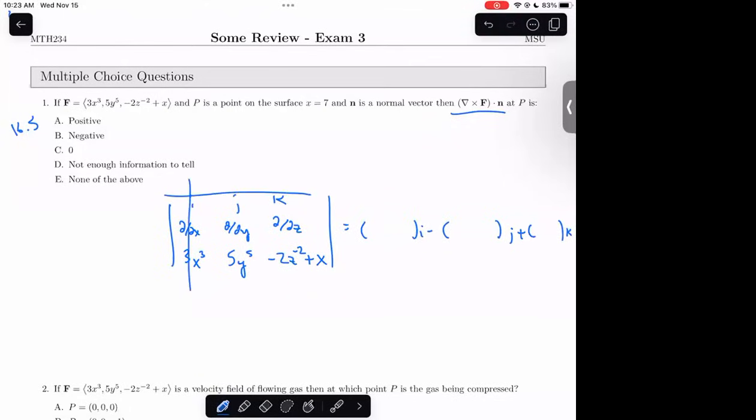Crossing off that first row and first column, we need to take a partial derivative with respect to y of stuff that doesn't have any y's in it, and a partial derivative with respect to z of stuff that doesn't have any z's in it. Next up, crossing off that first row and second column, a partial derivative with respect to x of this negative 2z to the negative 2 plus x.